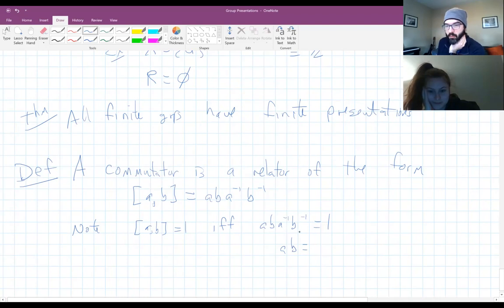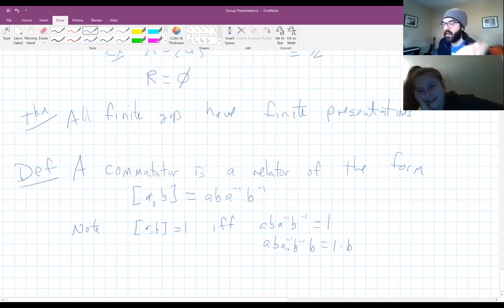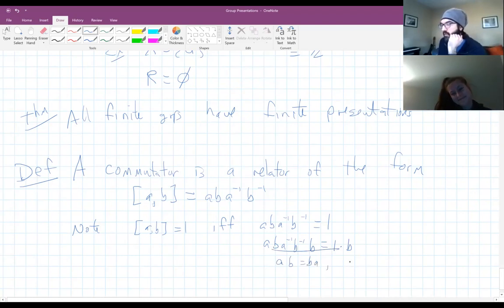Multiply by what? B. So if I multiply by B on both sides, A, B, A inverse, B inverse, B equals 1 times B. Is it going to be BA? Yes, that's it. So AB is going to be equal to BA. In other words, A and B what? Commute. That's why it's called a commutator.